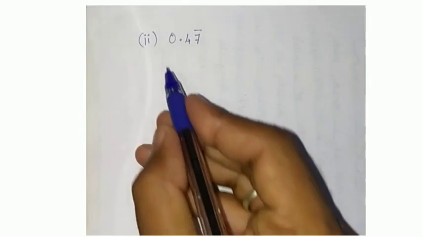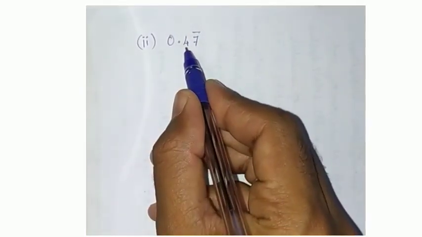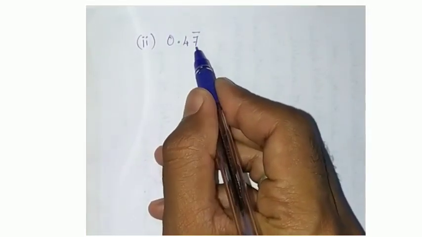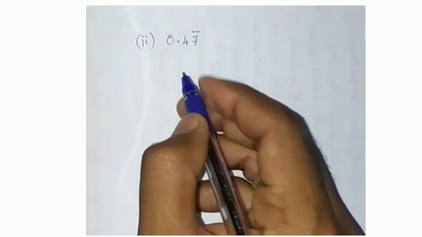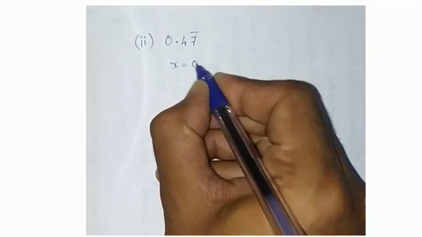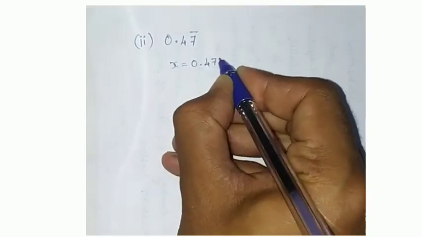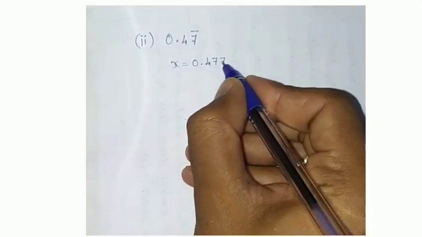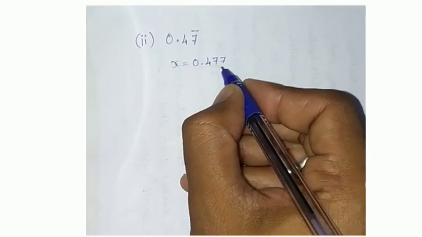In the second question they have given 0.47 bar. So here the non-terminating digit is 7. Let's write it like this: x equal to 0.477. I'll take it so that one term repeats.